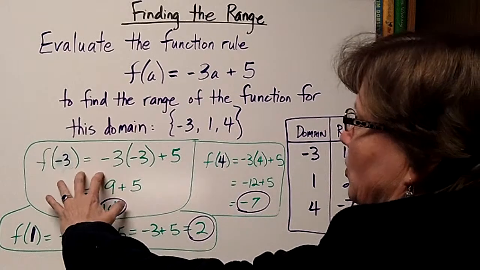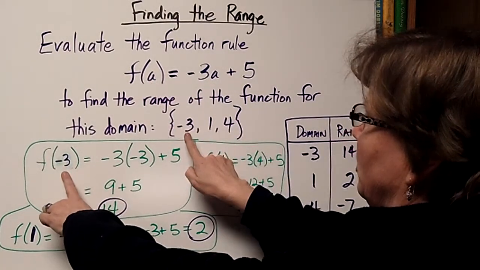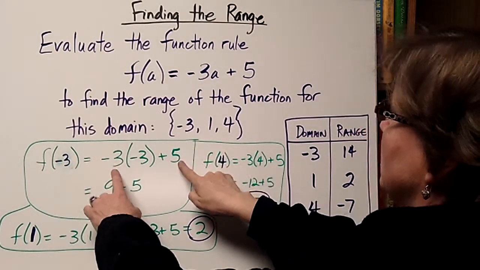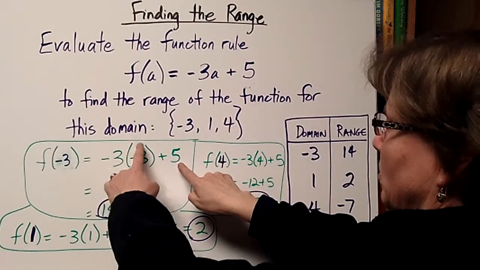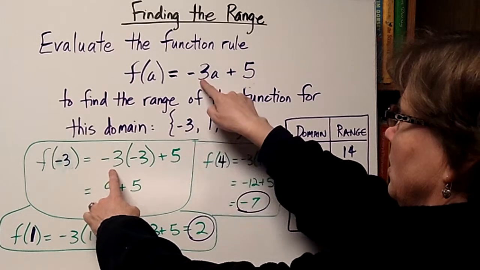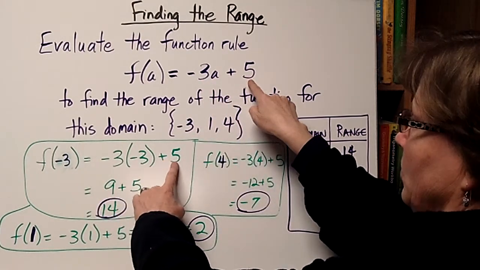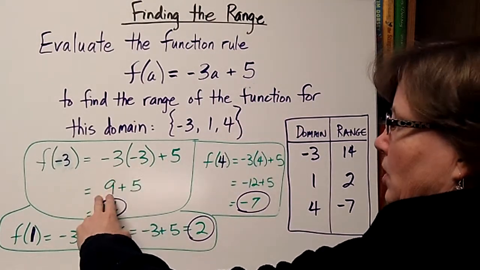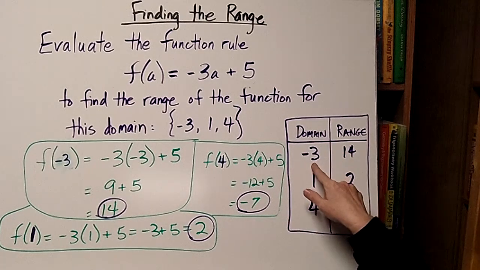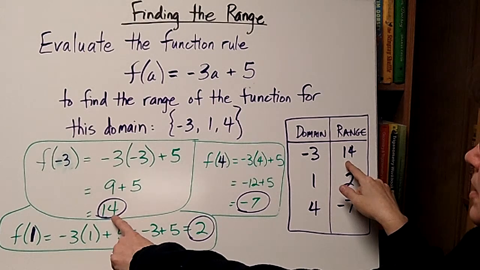So down here I've transferred our function rule, and in the place of a, I put in our first item of the domain, which is negative 3. That gives us our original equation, but we substitute the negative 3 in for a. So you have negative 3 times this negative 3, add the 5. Negative 3 times negative 3 is 9, plus 5 is 14. So in our domain we had a negative 3. We found our range is 14.